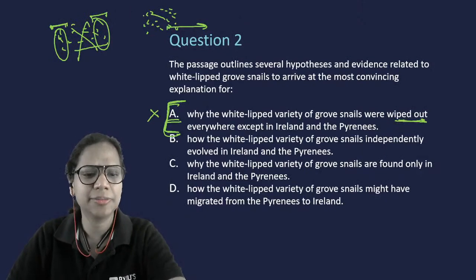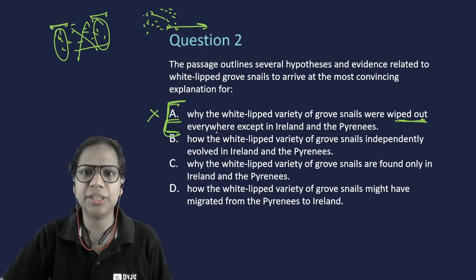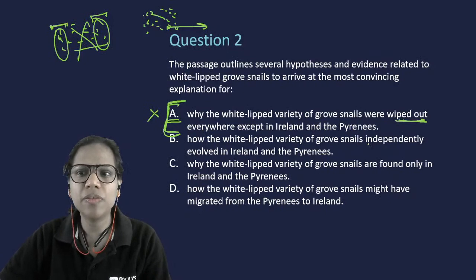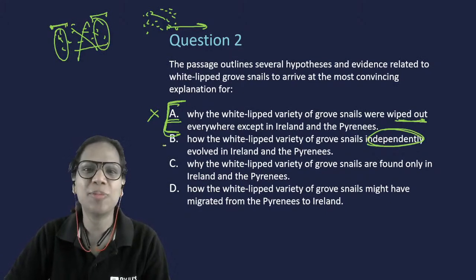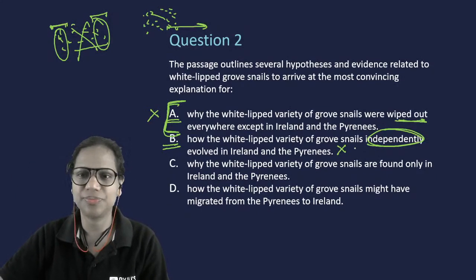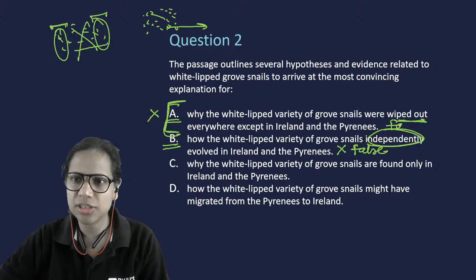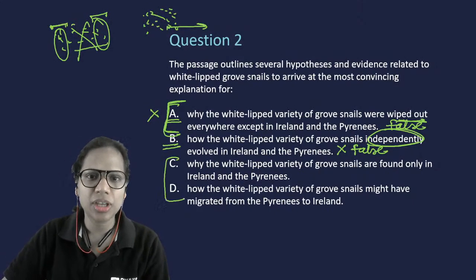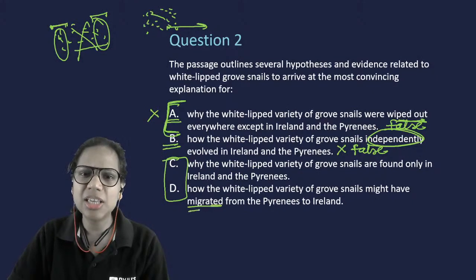So A is incorrect. Now B, that they evolved independently? Not at all. The passage is denying this, that they did not evolve independently. Rather, one was transferred from the other. So this is false. The passage denies this. It's between C and D. This says they migrated.